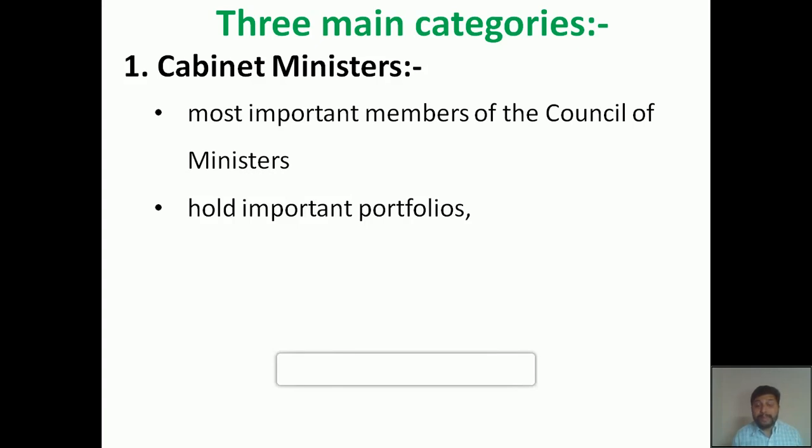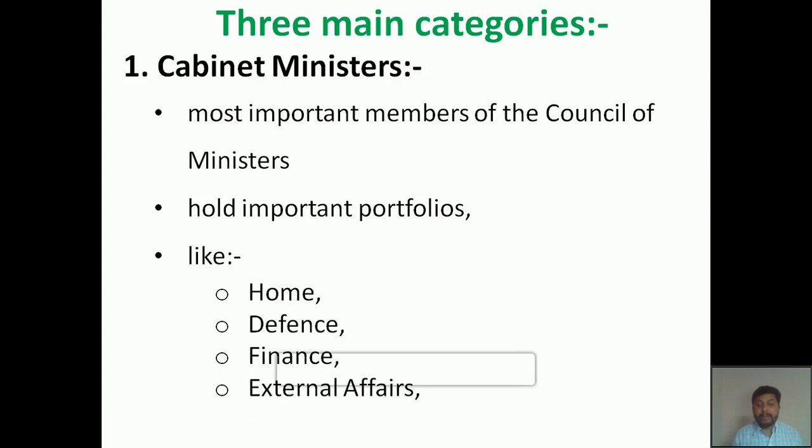Portfolios means different departments like Home Affairs, then transportation, then railway. Those are known as portfolios, important offices. So cabinet ministers are holding important portfolios or important offices like Home Affairs, Defense, Finance, External Affairs, Railway, etc.